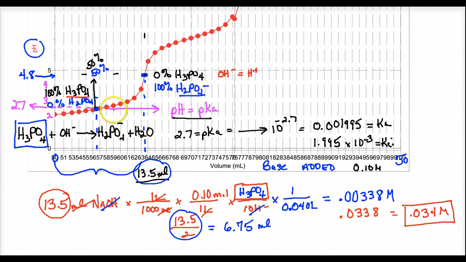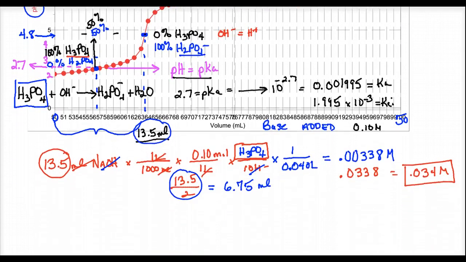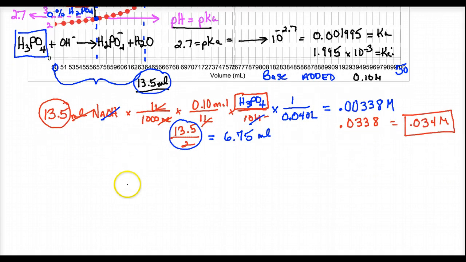As we go on through this, the second Ka would be 13.5 milliliters from this equivalence point, which should give me the second equivalence point. So 13.5 plus 13.5 gives me 27.